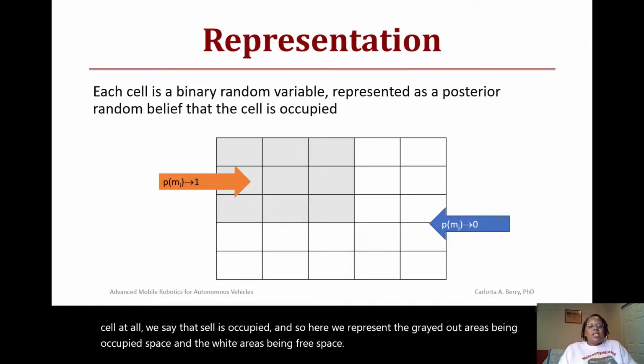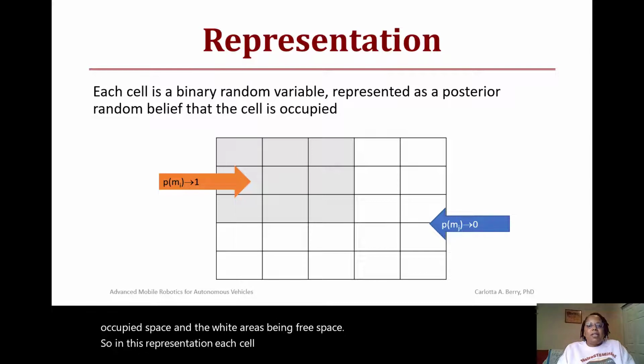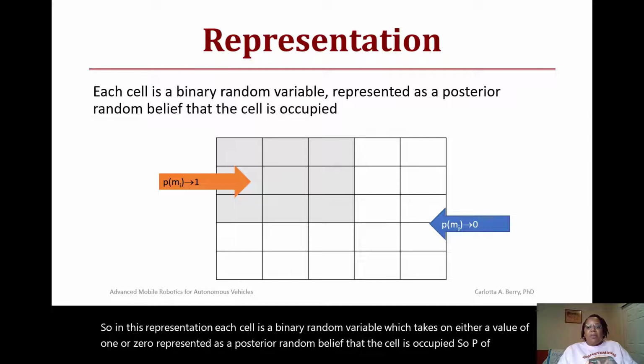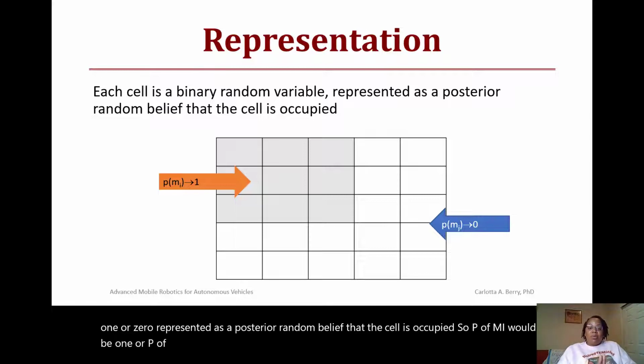So in this representation, each cell is a binary random variable which takes on either a value of 1 or 0, represented as a posterior random belief that the cell is occupied. So P of Mi would be 1, or P of Mj would be 0, where i and j represent each of the respective cells in the map.